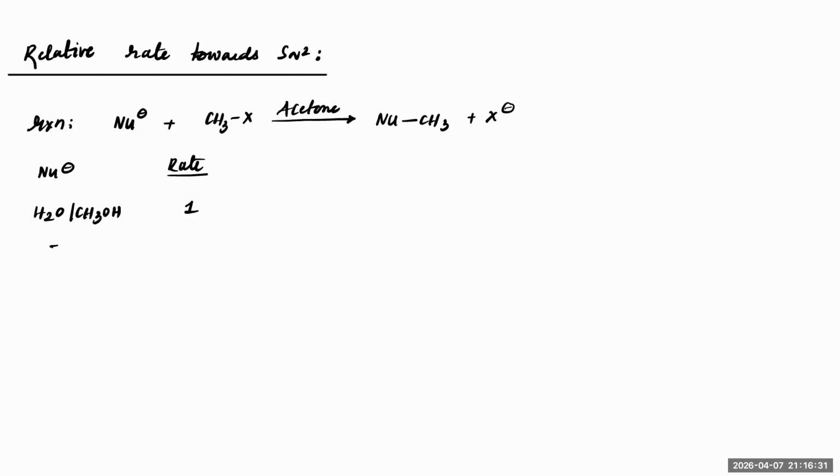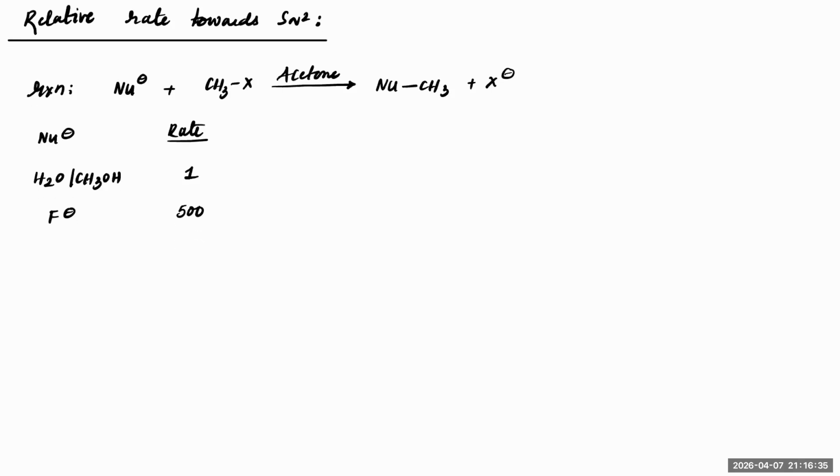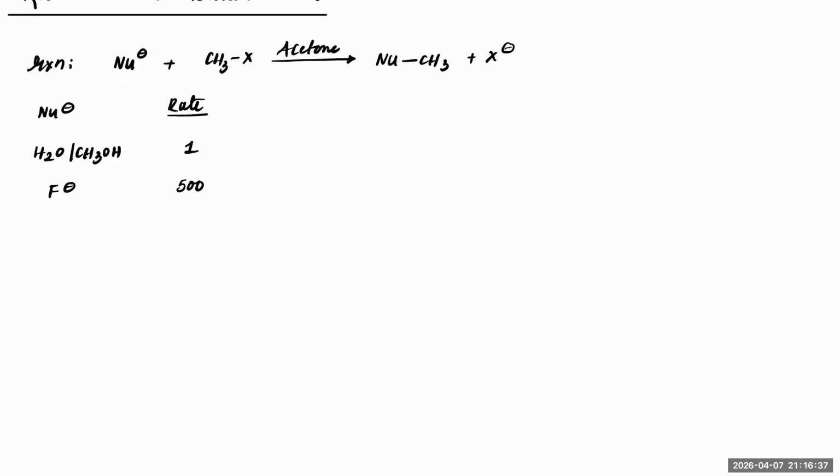Then F minus acts faster, around 500 times greater than water. Then CH3CO minus, 20,000 times. So CH3CO minus is a very good nucleophile for SN2 at the methyl position. Cl minus, 23,500 times greater.